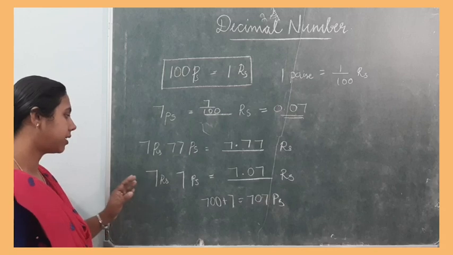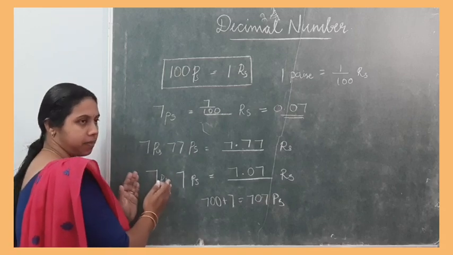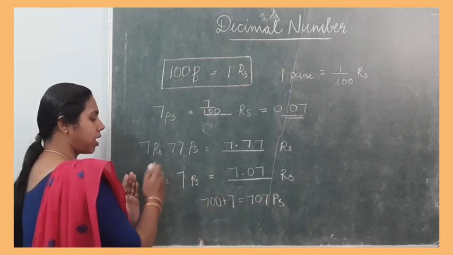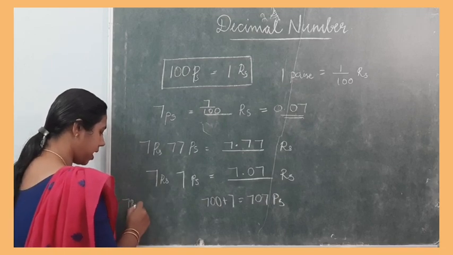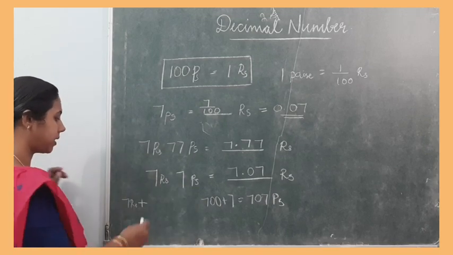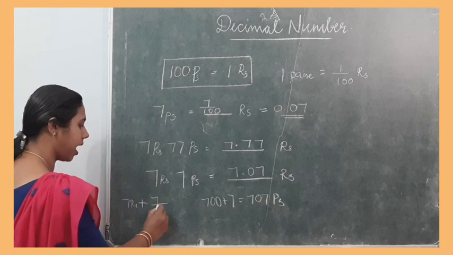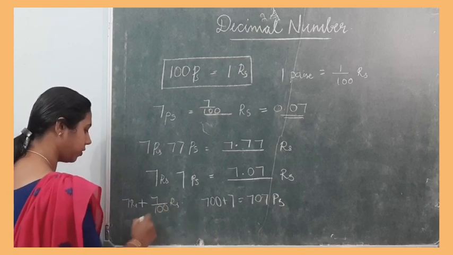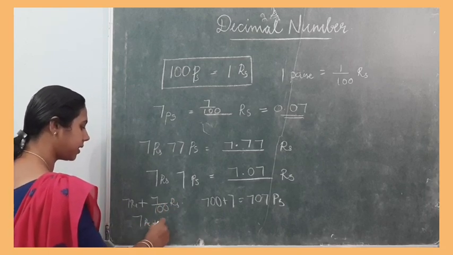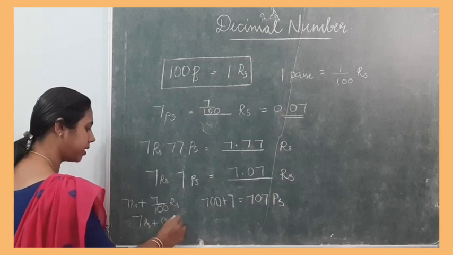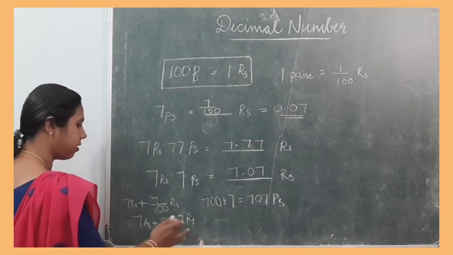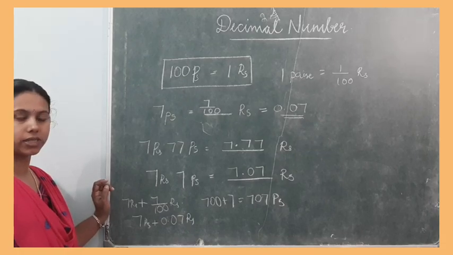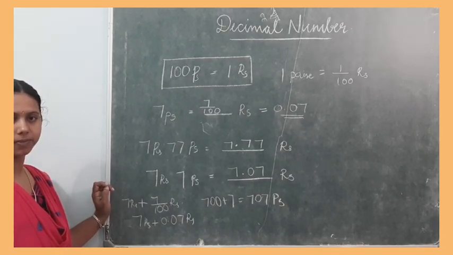Or you can convert here: 7 rupees is the whole number part, and 7 paisa you convert to rupees, 7 by 100 rupees. So 7 rupees plus 0.07 rupees. When you add, you will get 7.07 rupees.